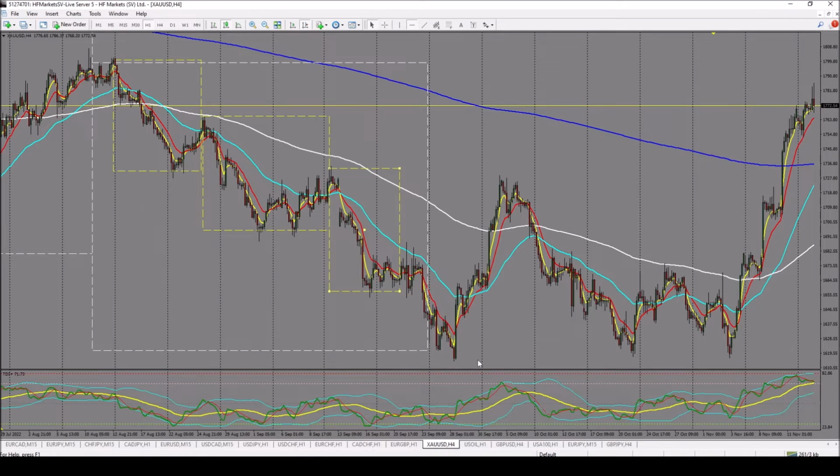Therefore, the fourth level will become the head of either an inverted head and shoulder or a head and shoulder pattern. In this case, this was a head, shoulder, head, and shoulder, meaning that it became a structure within the cycle. And it was also a case where they had to clear off and take liquidity for them to reverse the market.